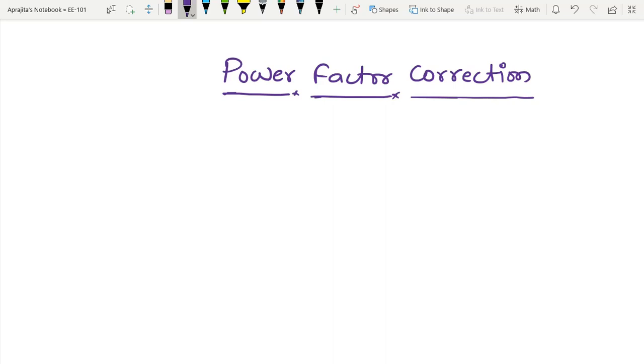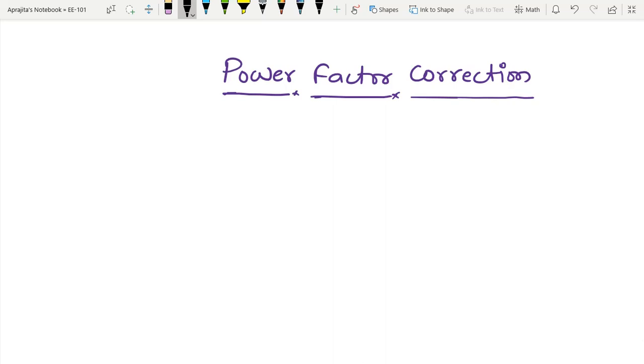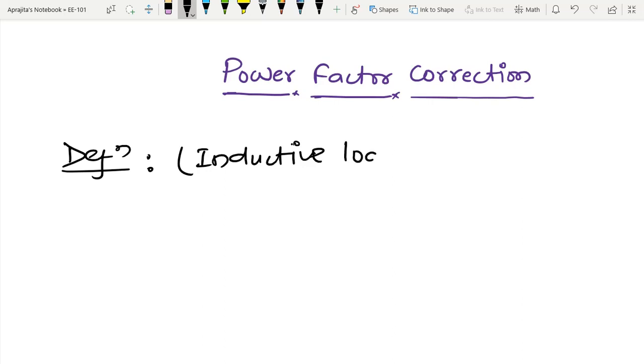So let us first define the meaning of inductive load. In the previous class I already gave hints about this, but it is better that I write it again.